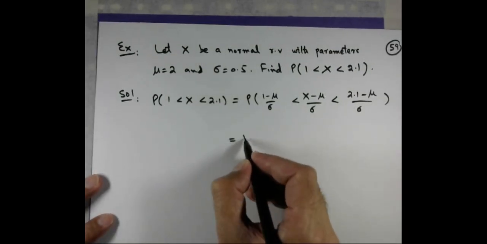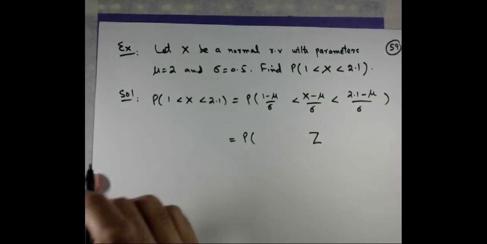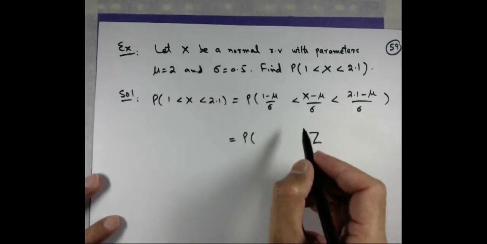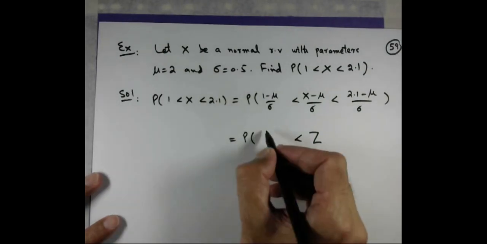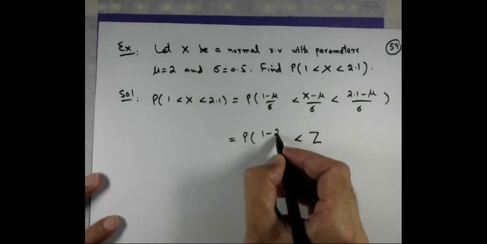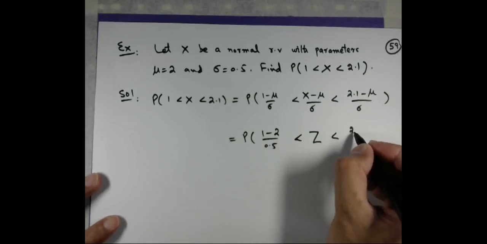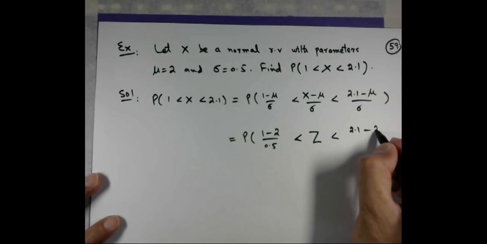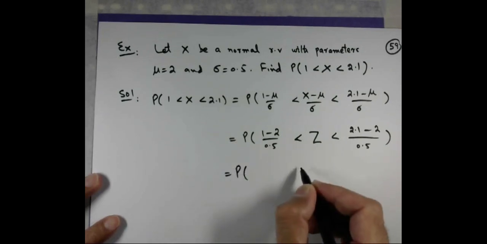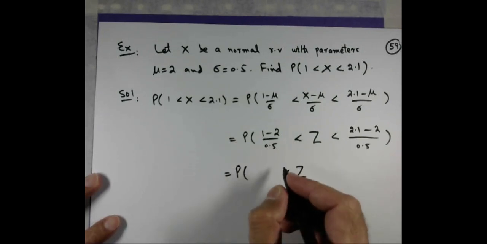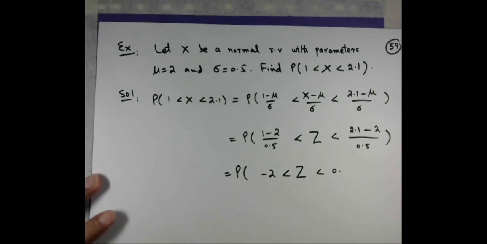Now this becomes easy. X minus mu over sigma is z, the standardized form, and the endpoints are also standardized: 1 minus mu, which is 2, over sigma, which is 0.5, and 2.1 minus 2 over 0.5. So this is the probability that z is greater than minus 2 and less than 0.2.